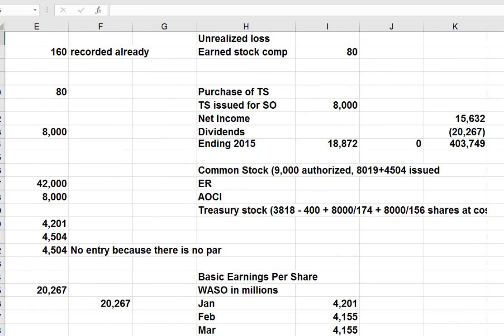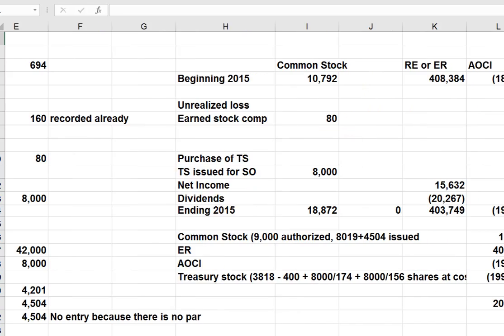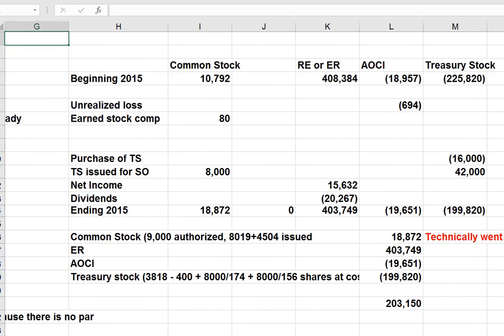So your statement of changes in stockholders' equity should have the columns as shown here. See if we can get it all in our view at once. Common stock, retained earnings, they use a different terminology. What was the terminology? Earnings reinvested, which is their choice, but that's the same thing. AOCI and treasury stock. We have the unrealized loss.